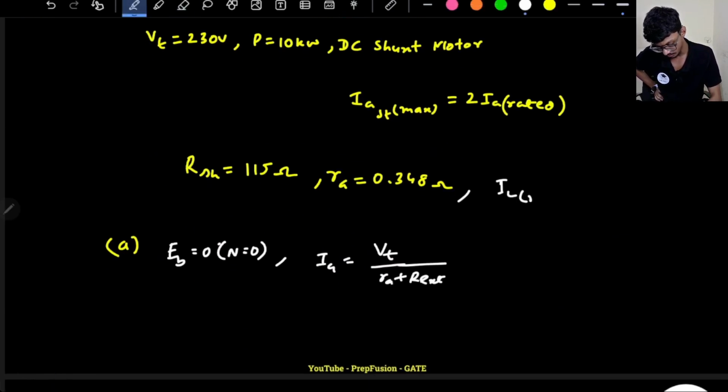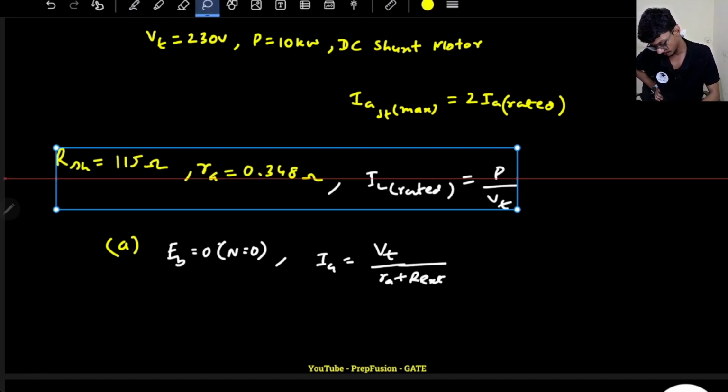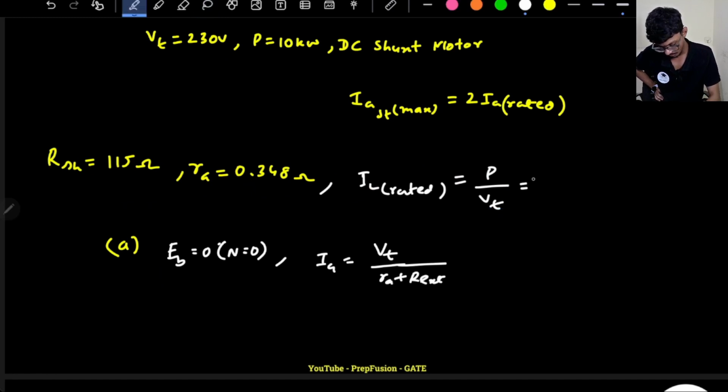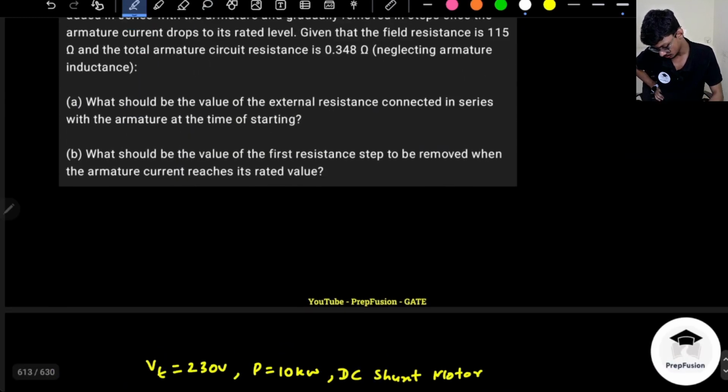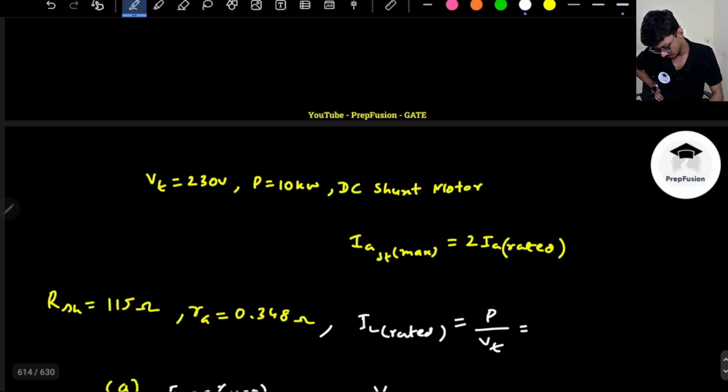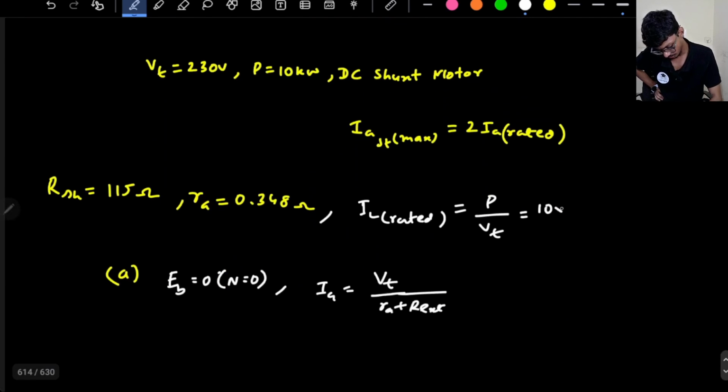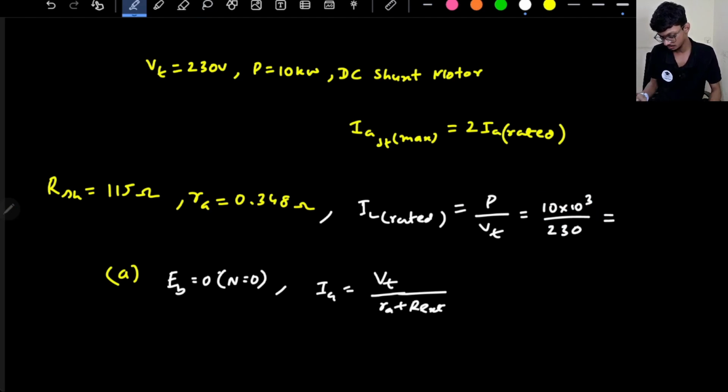IL rated will be equal to P rated divided by VT, which is 10 kilowatt divided by 230 volts.